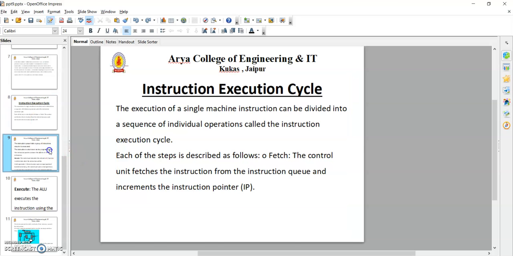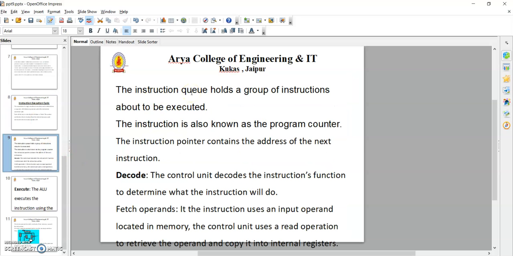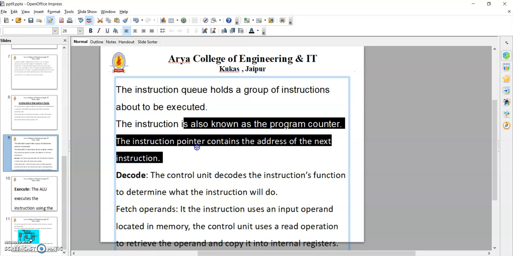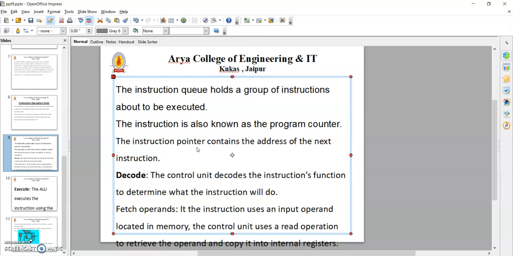While the execution of instructions takes place, the value of the instruction pointer keeps on incrementing. The instruction queue holds a group of instructions about to be executed. The instruction pointer, also known as the program counter, contains the address of the next instruction.